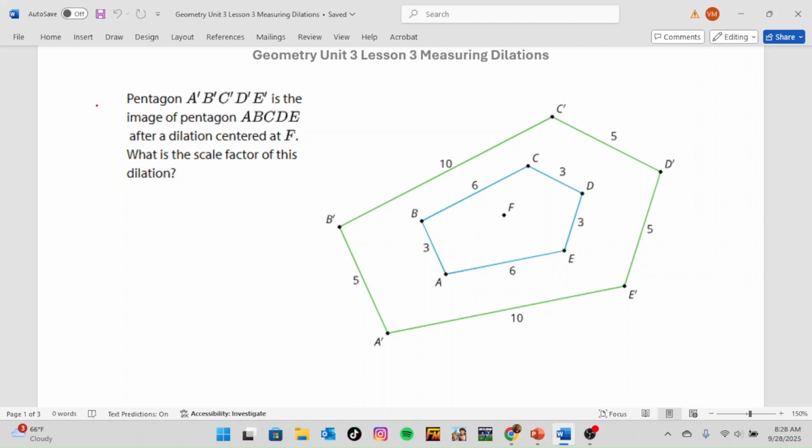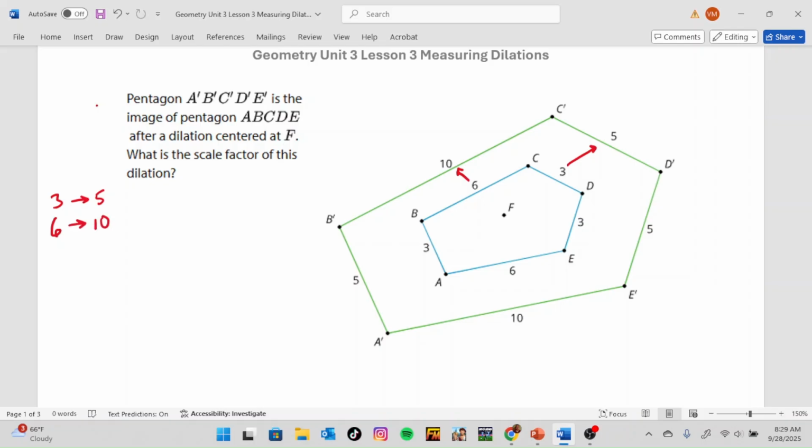So if you look, we have two different measurements. We see lines on the blue pentagon that are 3 that when increased become 5. And we see lines on the blue pentagon that are 6, and when they are increased, they become 10.